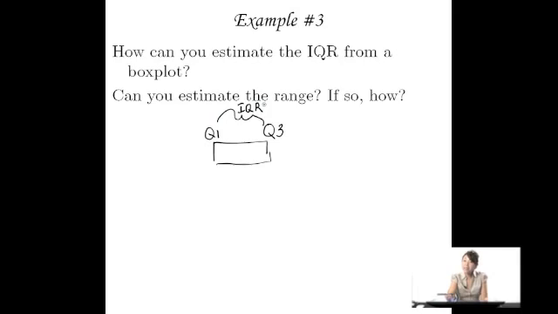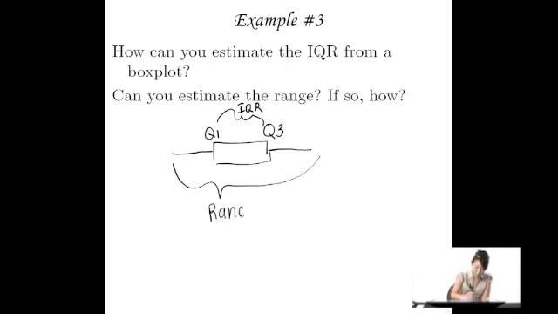And can you estimate the range? If so, how? Well, the range is actually your minimum and maximum values. So the length of that entire box and whisker shebang, that would be your range. So interquartile range and range are really easy to see on a box plot.